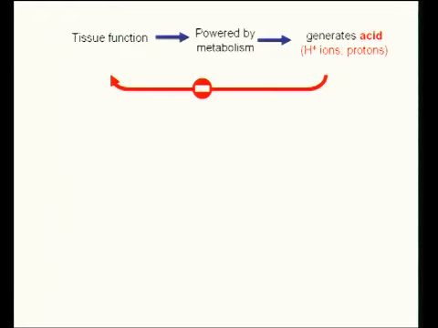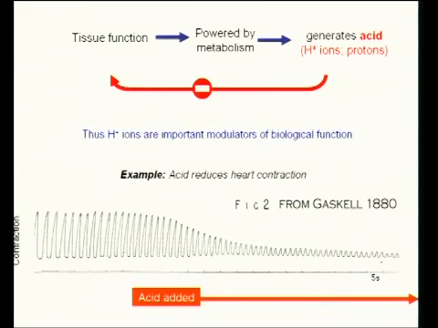And the problem with that is that metabolism generates end products, and one of the principal end products of metabolism is acid in the form of hydrogen or protons. And acid feeds back and modulates tissue function. That's because protons are chemically highly reactive, particularly with cellular proteins, changing their folding and hence changing their function, which means that hydrogen ions are important modulators of biological function.